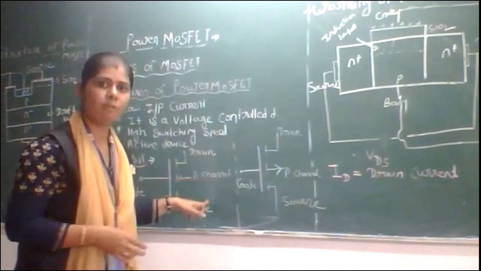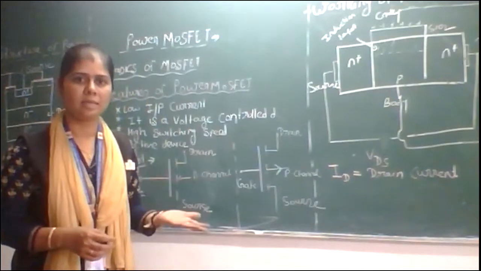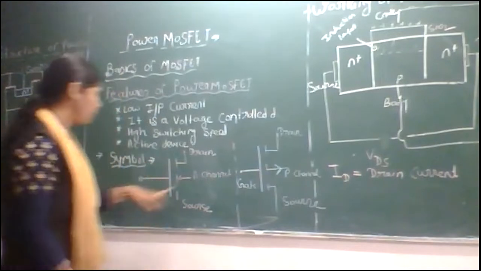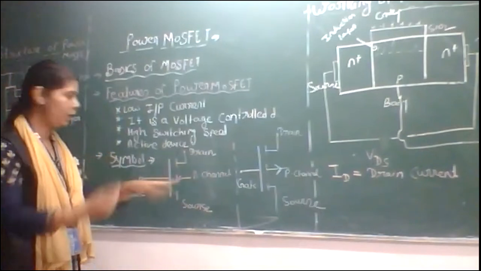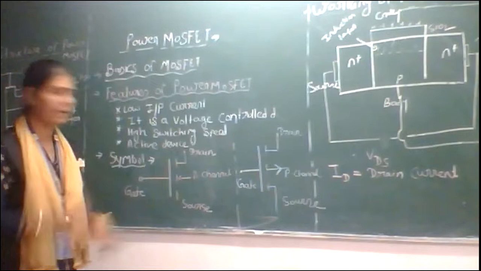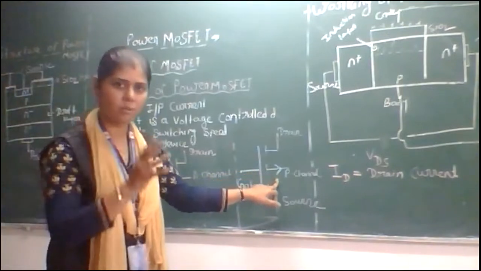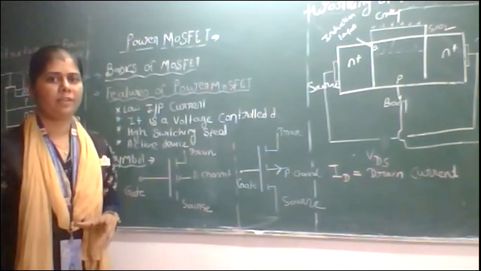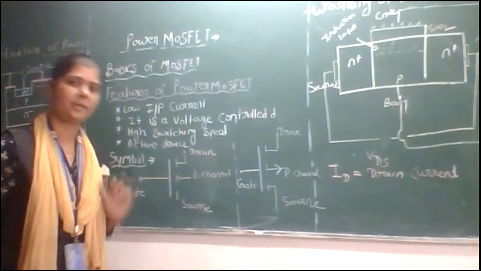MOSFET has two types, N type and P type, as we already discussed in the last lecture. Please remember that MOSFET has three terminals: drain, source, and gate.